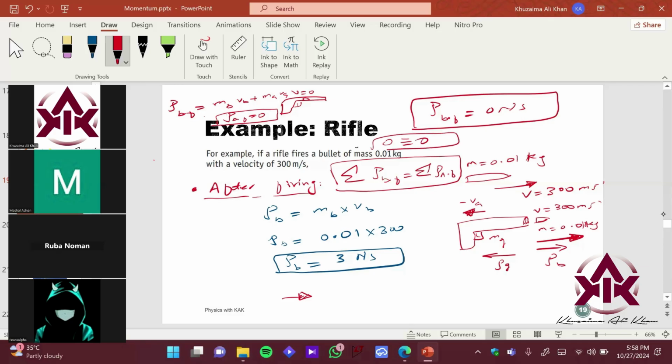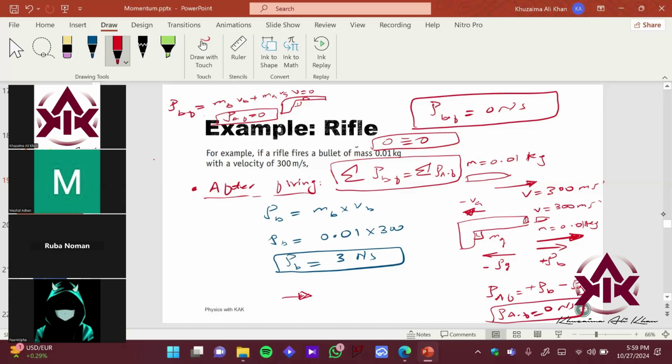For that, I want these to be the same, since one is going to be positive and the other negative, right? If you want to find the total momentum after firing, that is plus momentum of the bullet minus momentum of the gun. If they both are the same, this is going to come out to be 0 Newton second, and this will make sure that the principle of conservation of momentum is applicable, right?